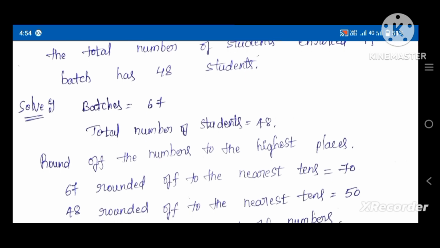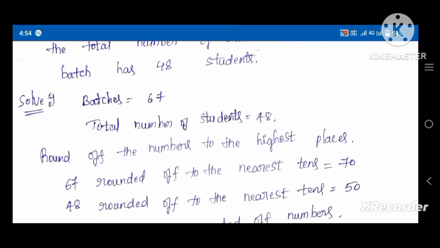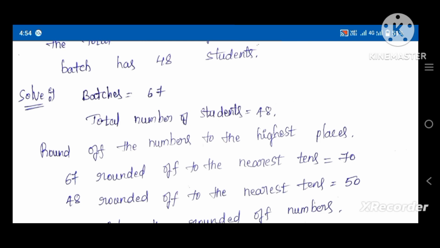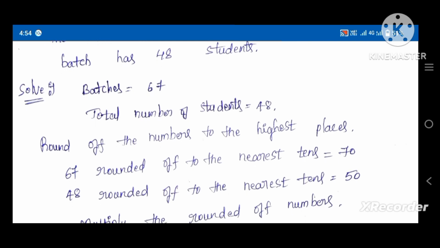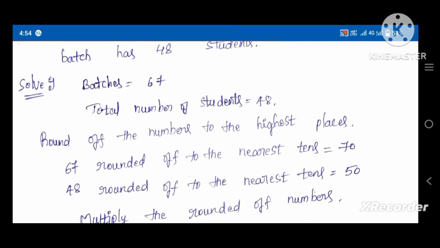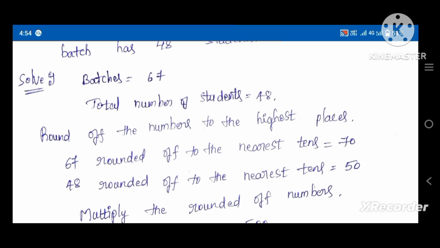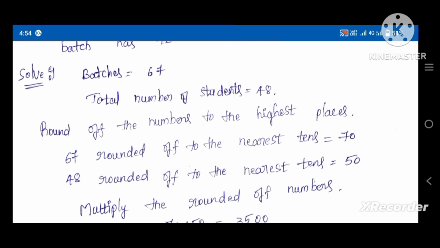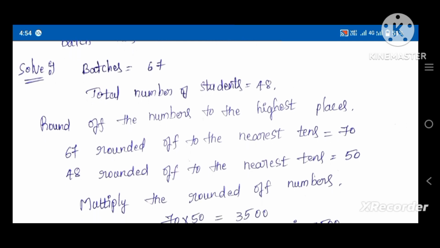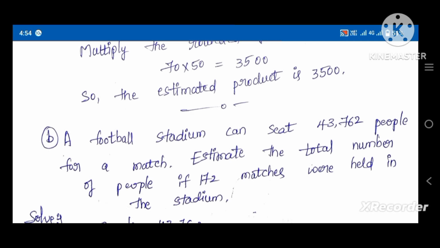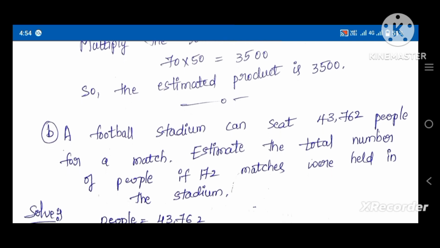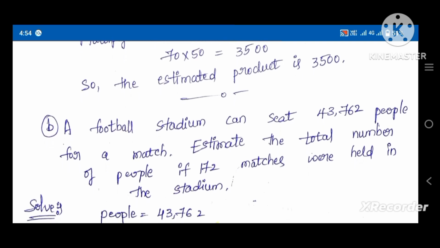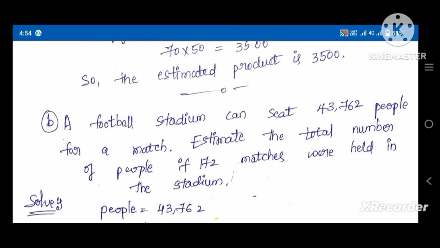Round off the numbers to the highest places. 67 rounded off to the nearest tens is equal to 70. 48 rounded off to the nearest tens is equal to 50. Multiply the rounded off numbers. 70 into 50 is equal to 3500. So the estimated product is 3500.